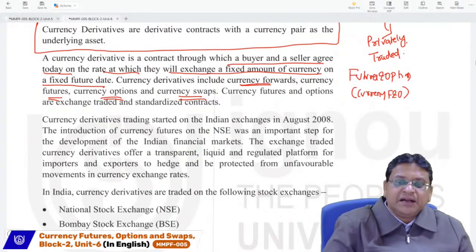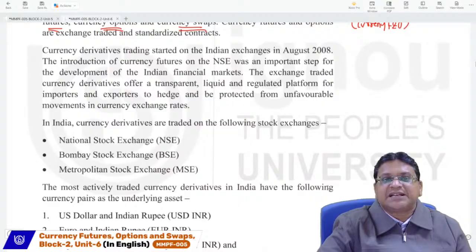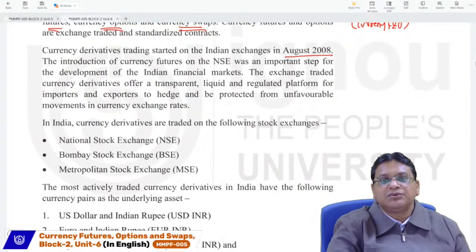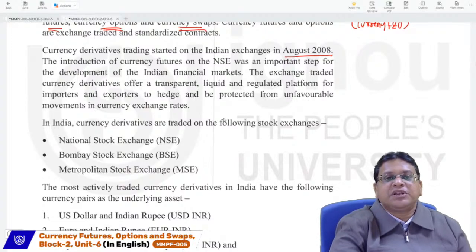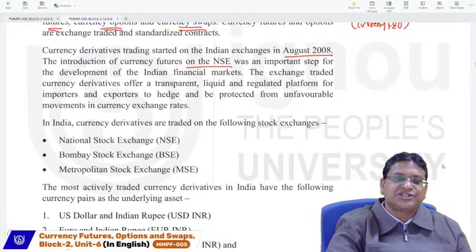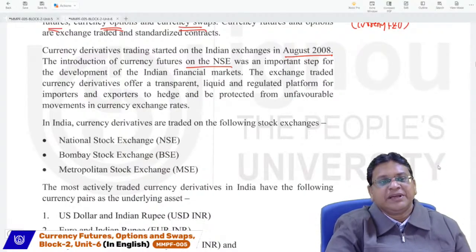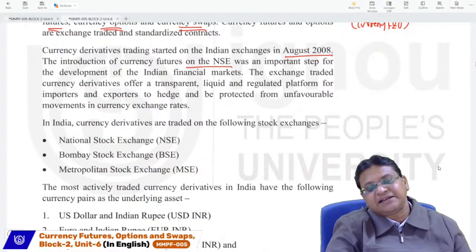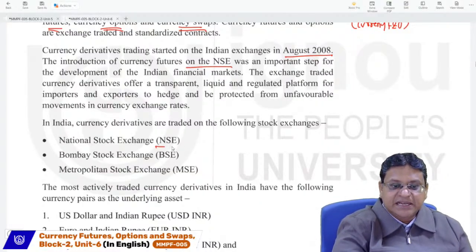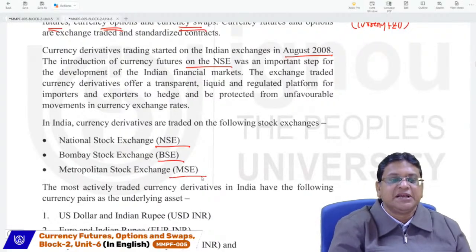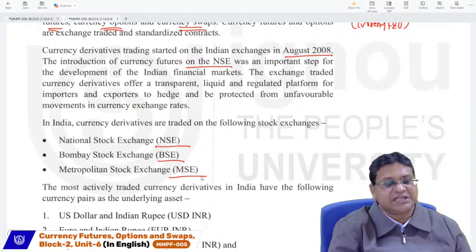In India, currency derivatives started trading on Indian exchanges from August 2008. The first currency futures were traded on NSE, the National Stock Exchange. Right now, currency trading takes place on three platforms: NSE, BSE (Bombay Stock Exchange), and MSE (Metropolitan Stock Exchange).